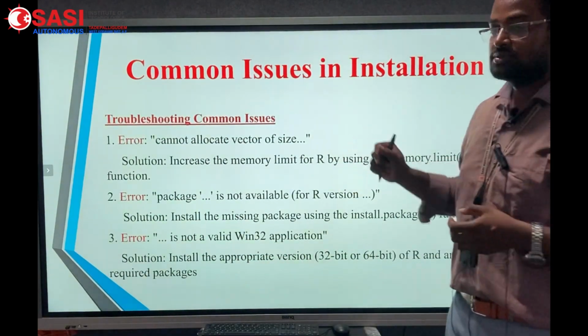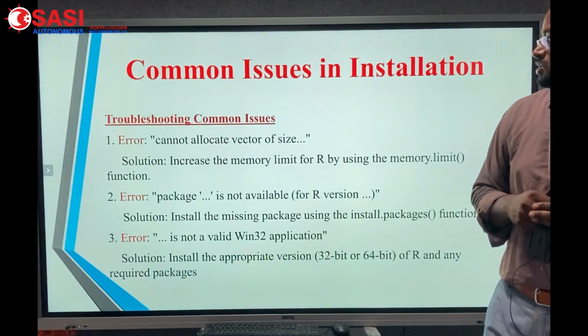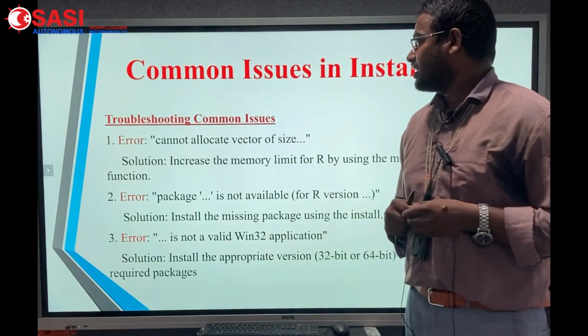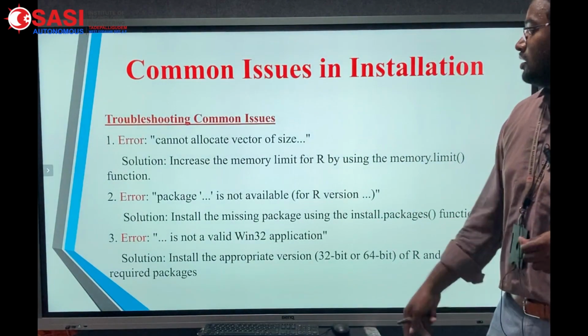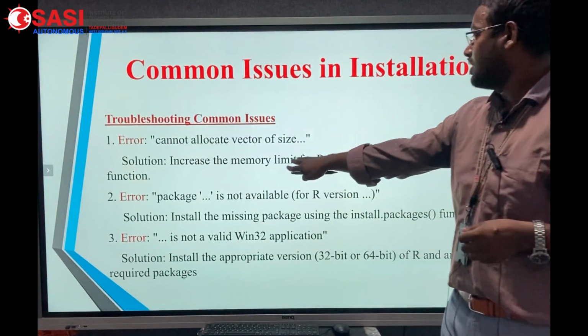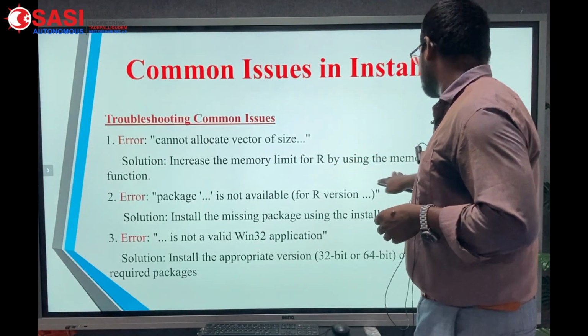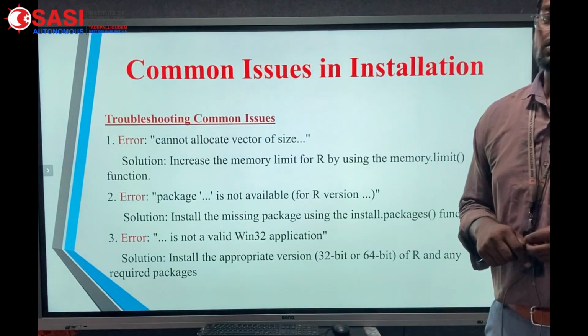There are also some common issues that can be troubleshot. For example, whenever we get an error like "cannot allocate vector of size", increase the memory limit for R by using memory.limit.